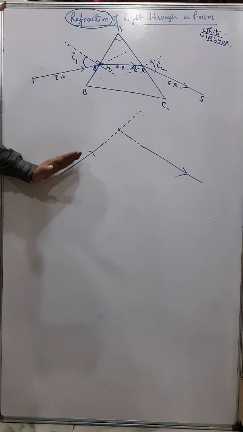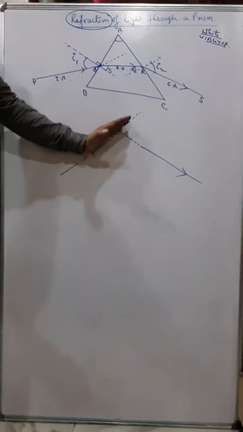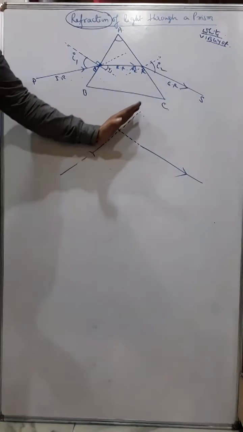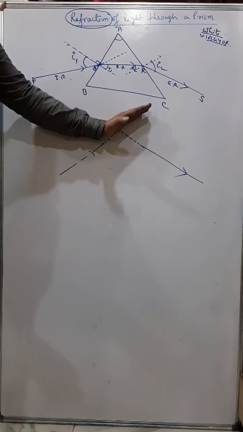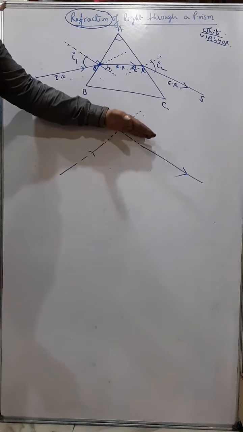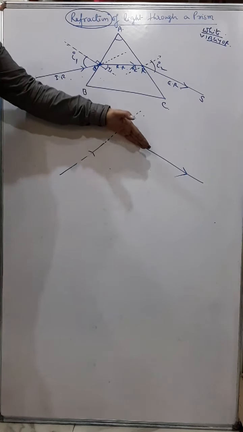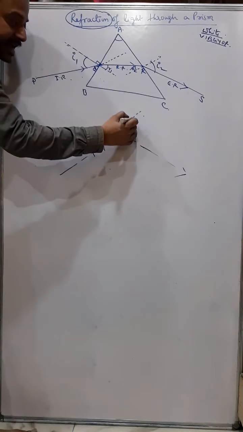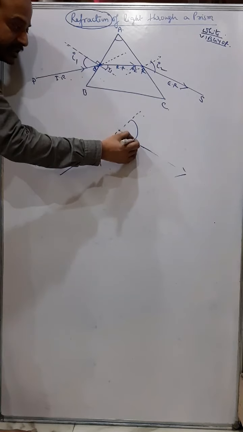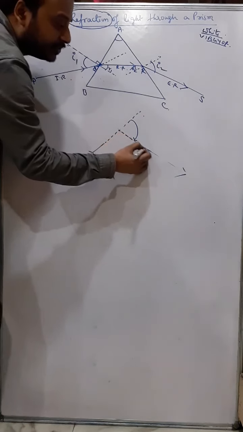So now this is the path of the incident ray, but instead of following this path, the incident ray is deviating this much, and then it is traveling through this part.